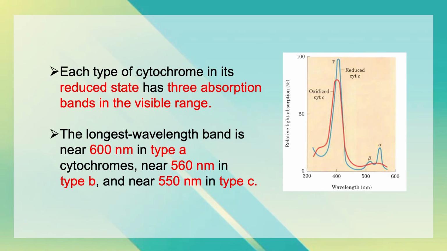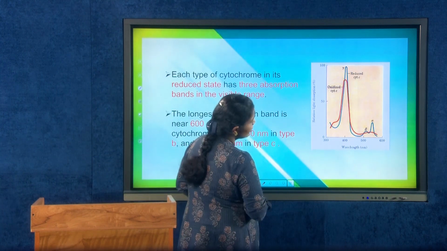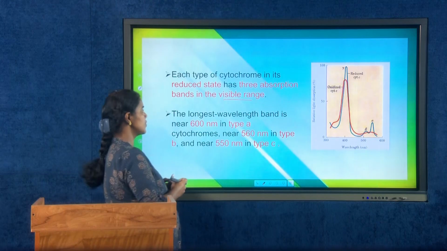Each type of cytochrome in its reduced state has 3 absorption bands in the visible range. This is an important characterization of the cytochromes, the UV visible spectroscopy.